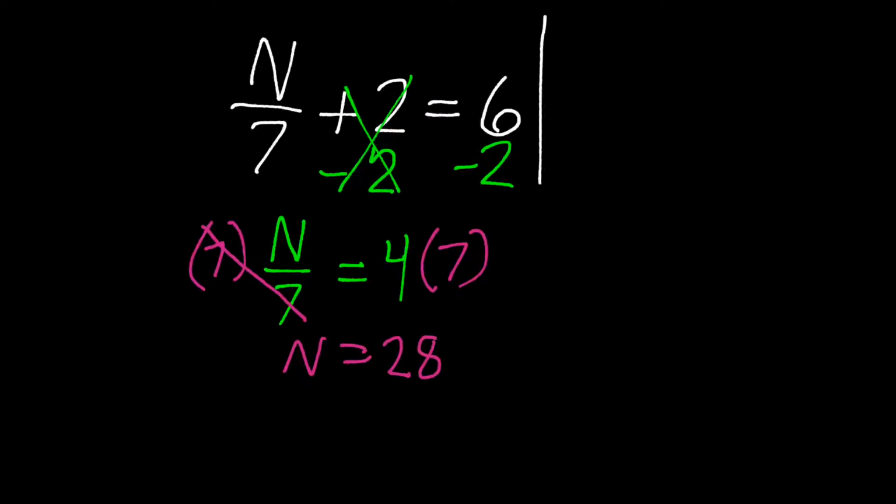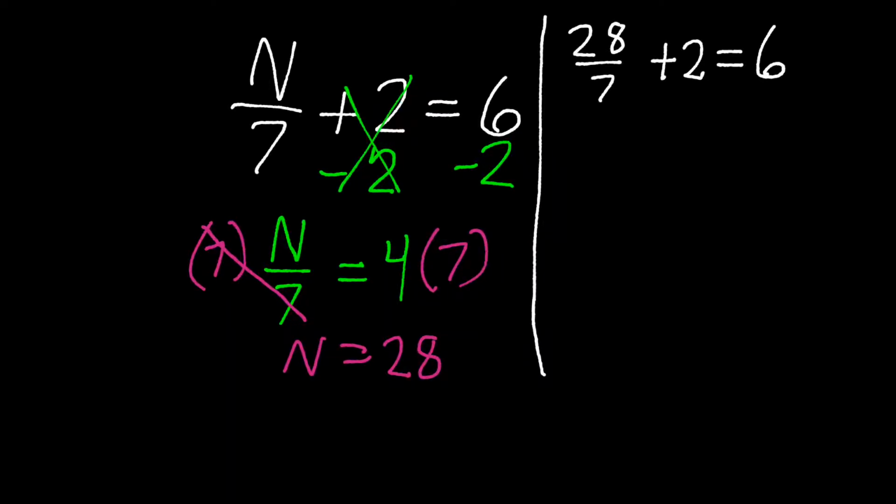Now it is time to check our work. So I substitute 28 in for n. We get 28 divided by 7 plus 2 equals 6. This time, since I'm trying to actually solve it, I have to follow my order of operations, so I have to divide first. 28 divided by 7 is 4. 4 plus 2, we hope equals 6, and what do you know?